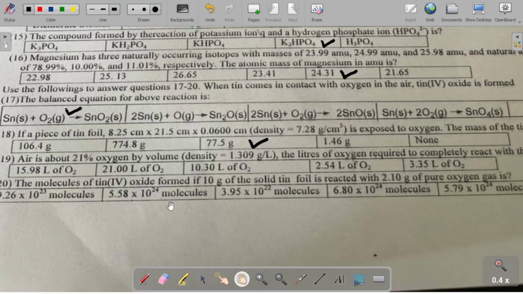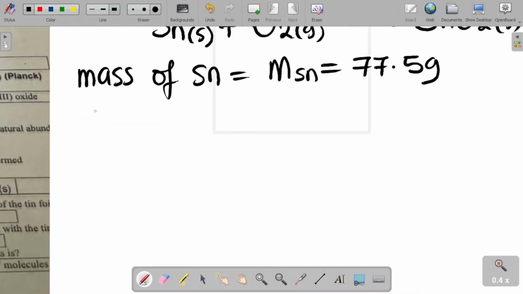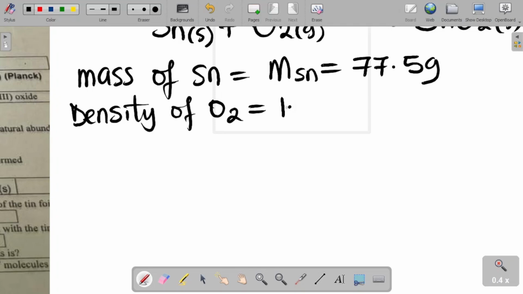It said air is about 21% oxygen by volume, and the density of oxygen here is 1.309 gram per liter. So the density of O2 is equal to 1.309 gram per liter.